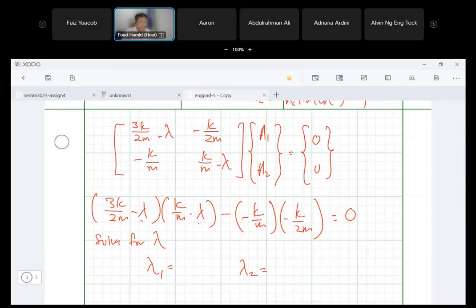So in this case, when you are doing modal analysis, you want to arrange your lambda in descending order, which means the biggest one first.